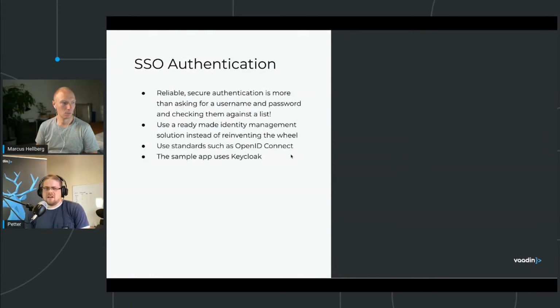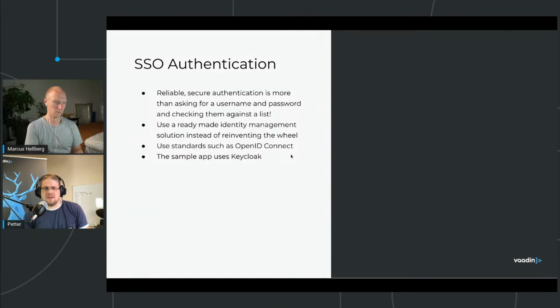Right, so let's start with the single sign-on authentication. If we look at this OWASP list of threats, what they list in this broken authentication part, there's a lot of things there that you have to think of. It's not just about asking for a username and a password and then trying to match them against a list, probably with some kind of hashed password.